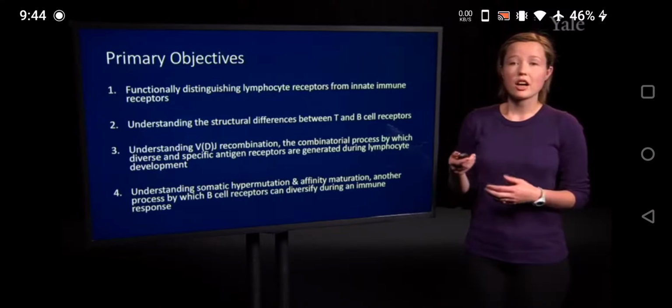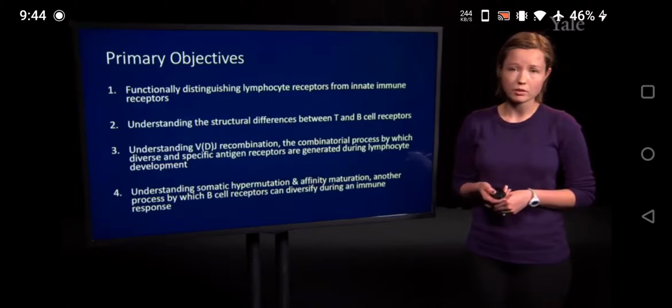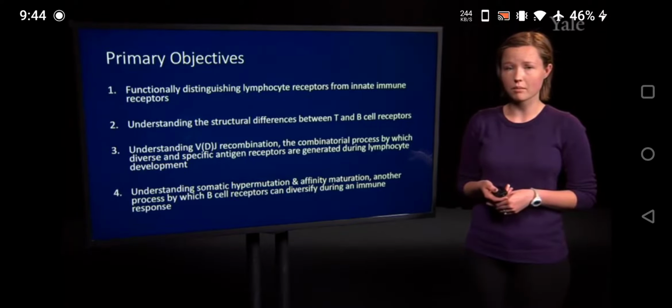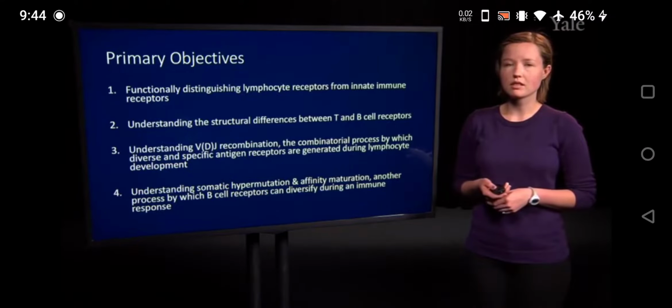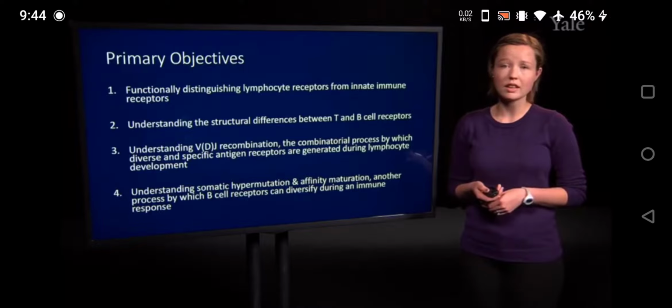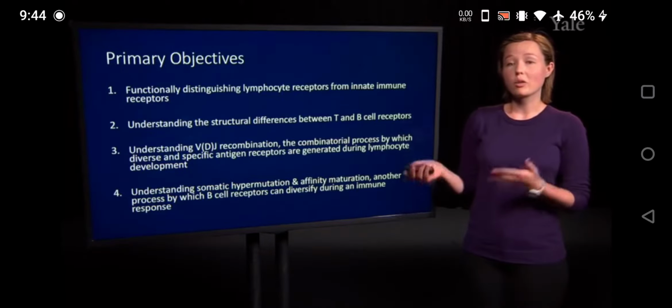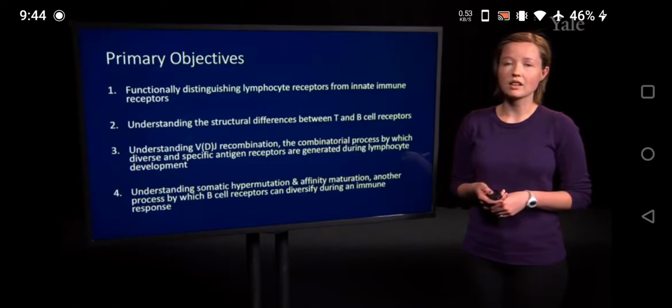So we will talk about somatic hypermutation as well as class switch recombination. And we'll go through the mechanisms of these, but something that's important to remember about these two processes in general is that they are only happening to B cells and B cell receptors. This is not something that happens in T cells.